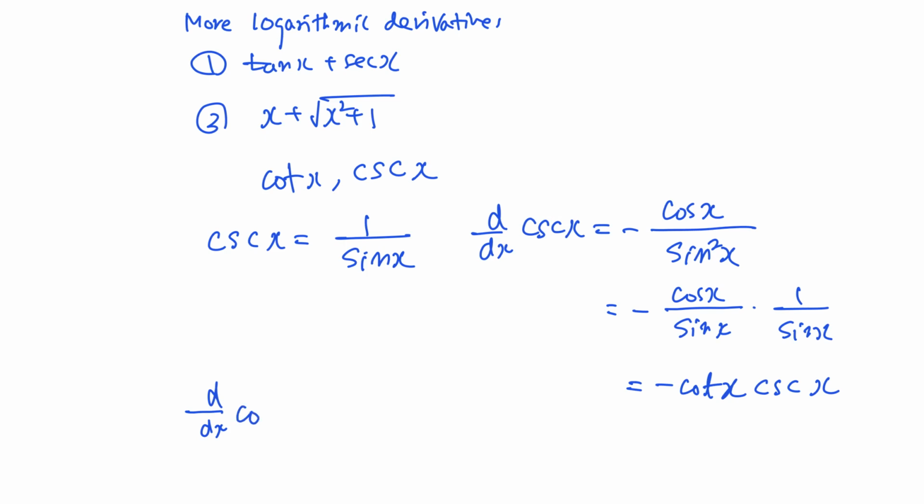Now d/dx of cotangent x is d/dx of cosine x times secant x, right?